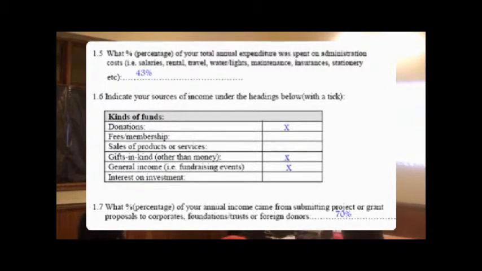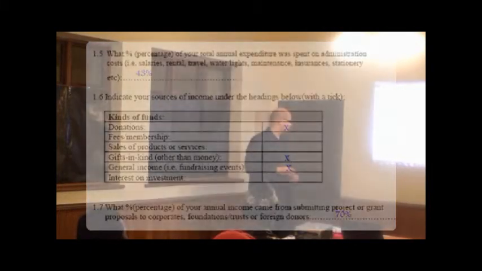And what kind of funds have you received in the year? Donations, fees, sales of products, gifts in kind, and then what percentage of your annual income came from submitting project or grant proposals to corporates, foundations, trusts, or foreign donors.